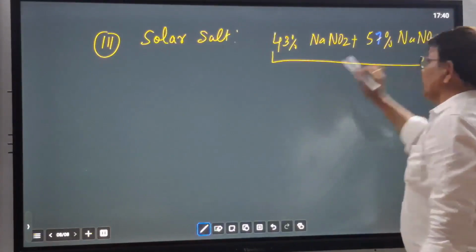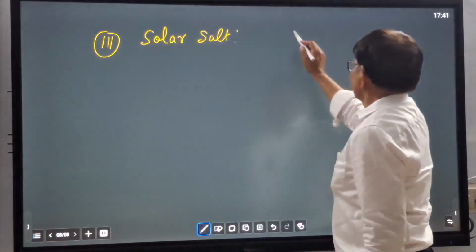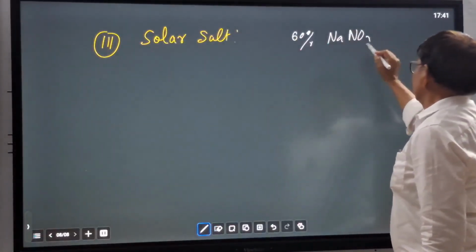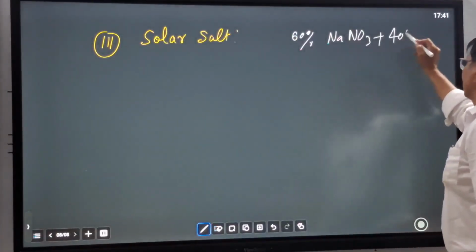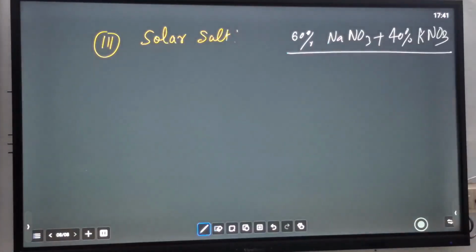This is known as solar salt. Another composition is 60% NaNO3 plus 40% KNO3, and its melting point is higher.